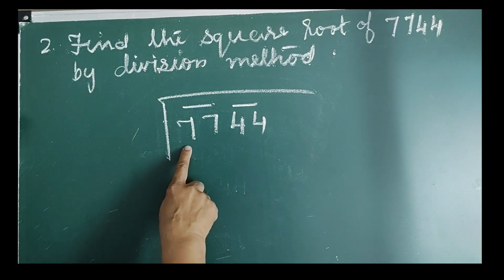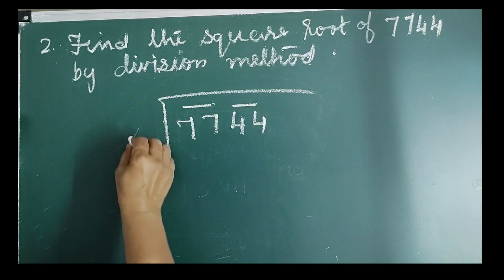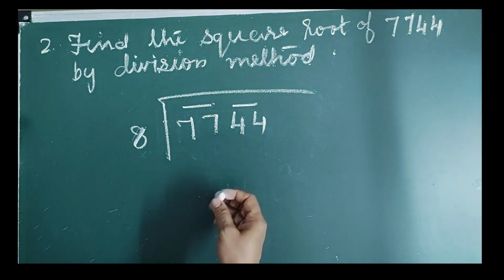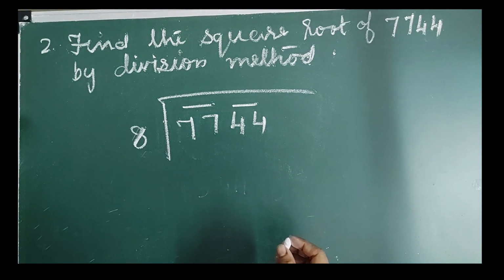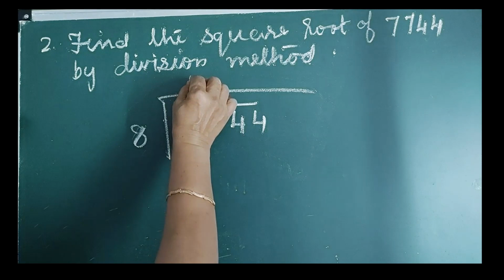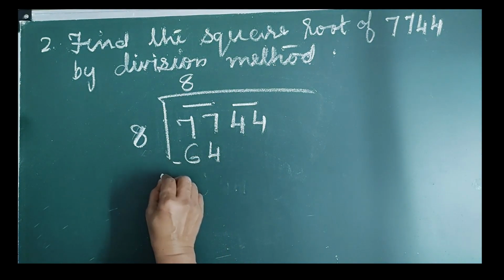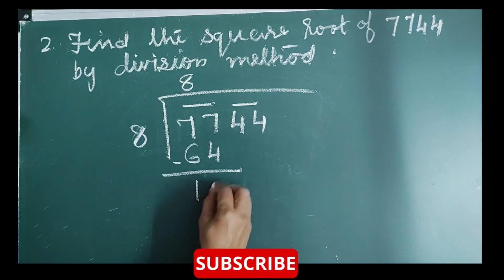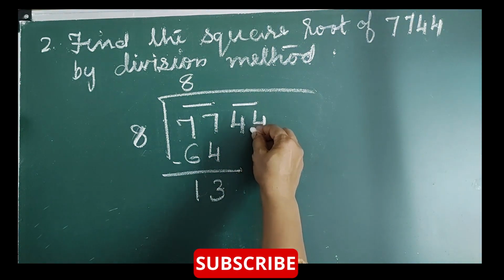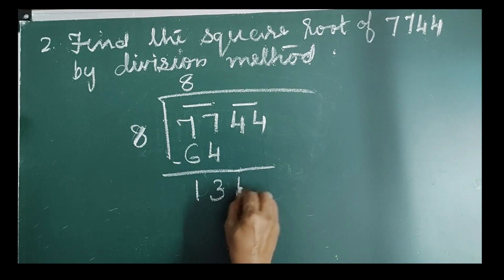So we know here we have 77 and the square of 8 is the largest number but less than 77. So 8 8s are 64. Then the remainder is 13. Next step is bring down the next pair, that is 44.